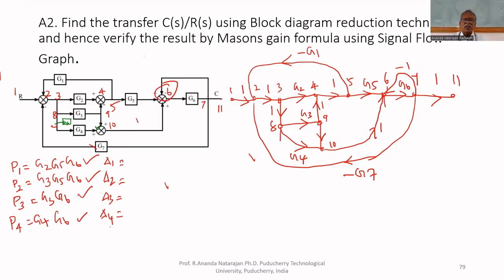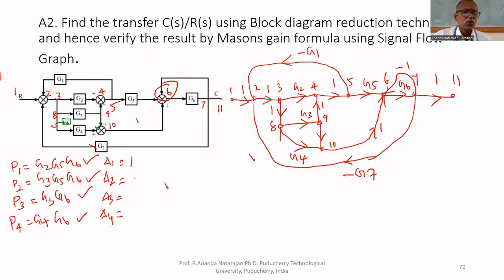The part of the graph not touching the forward path is 8, 9, 10. The 3 nodes are not touching the forward path, but there is no loop. 8, 9, 10 is not a loop. Why? Direction is not correct. It is one-way traffic. That's why it is not a loop. Therefore, delta 1 is 1.